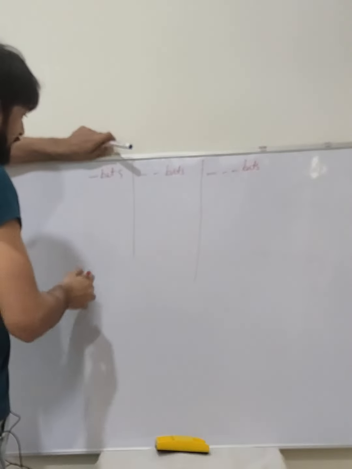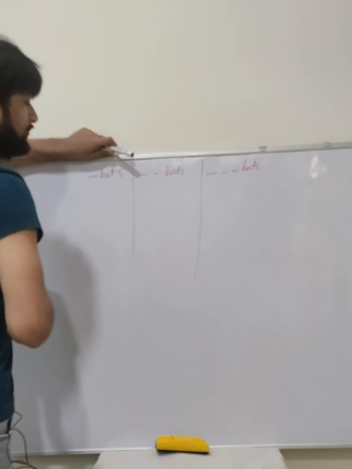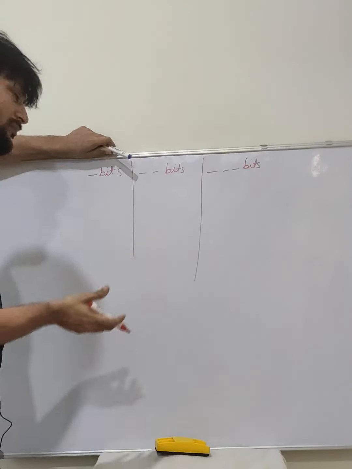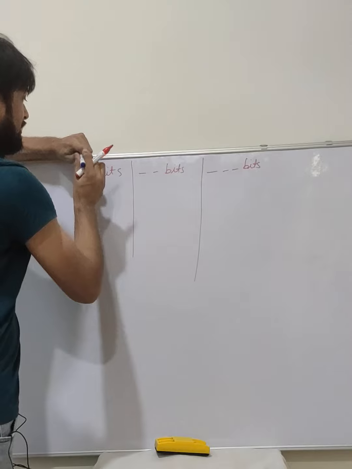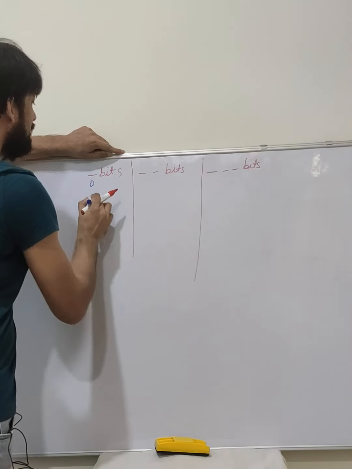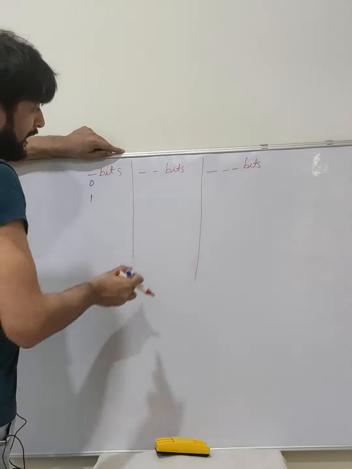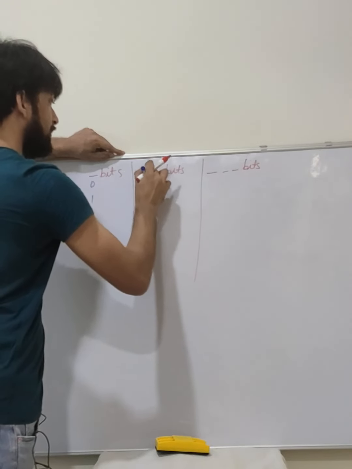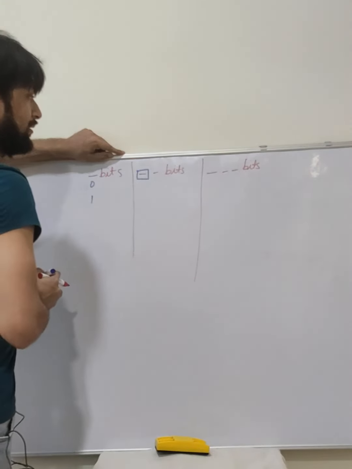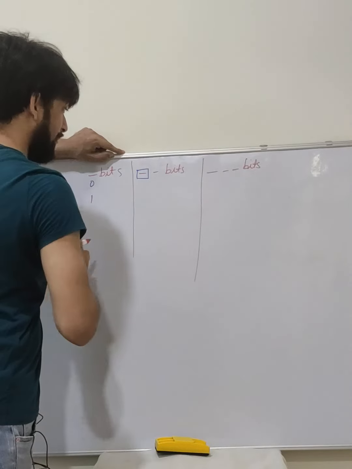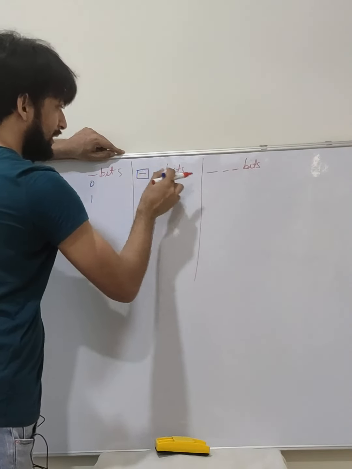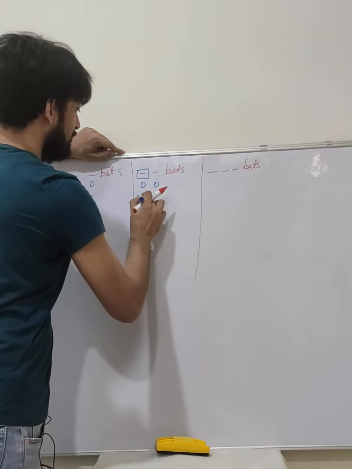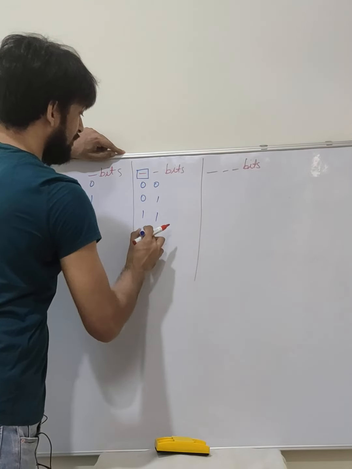Careful here. If there is one bit, then I have no choice: we fill this bit with either 0 or 1. If there are 2 bits, then I have a choice to choose one bit. So how to fill these 2 bits? 00, 01, 10, 11.